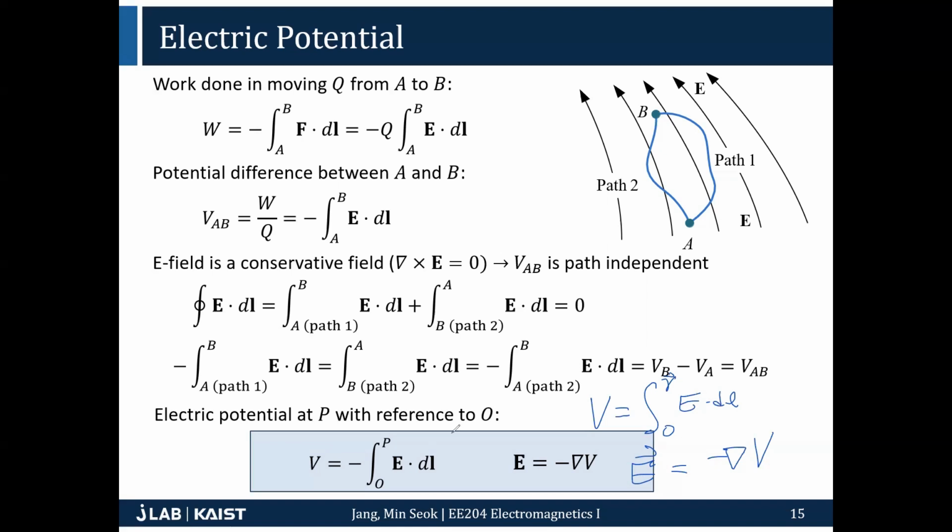It's not trivial, but you can just understand this as an extension of the relation between 1D derivative and 1D integration, right? If some quantity is an integration of something, then if you take the derivative, you can get the original back.